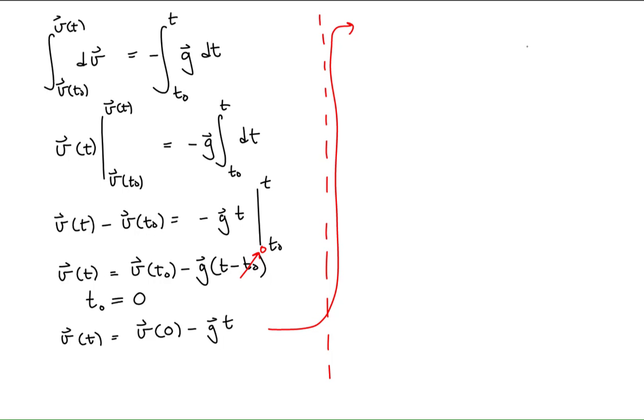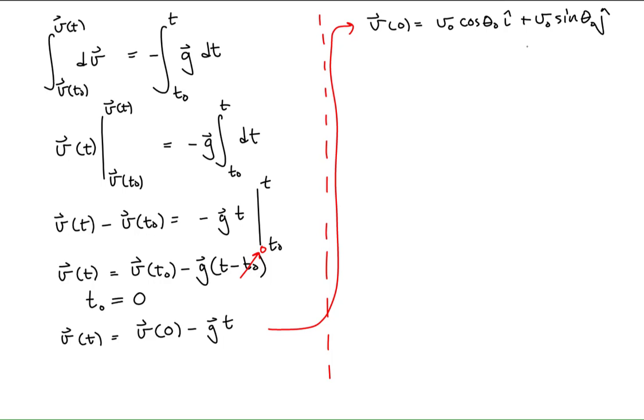Well, remember, our initial velocity was given with an x component of v naught cosine theta naught and a y component of v naught sine theta naught.